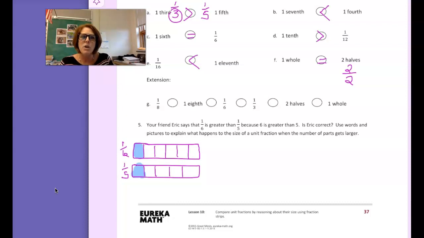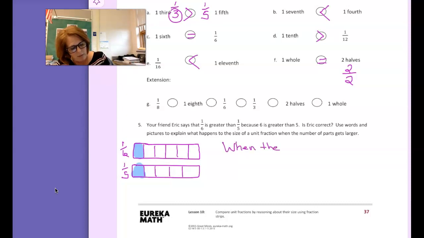But if we have 1/6 and 1/5, 1/5 is larger because you have fewer pieces, okay? So that's why when we're talking about unit fractions, the larger number is actually smaller because you have more pieces to cut from it. So use words and pictures to explain what happens to the size of a unit fraction when the number of parts gets larger.